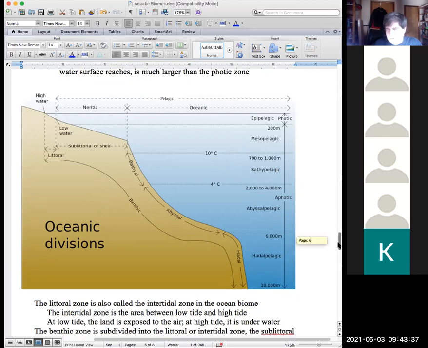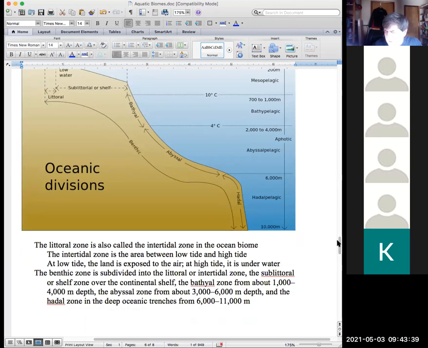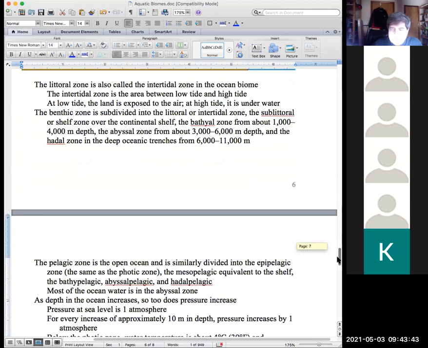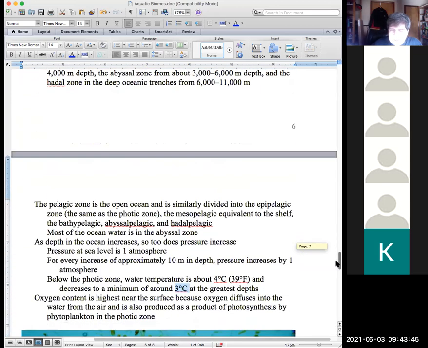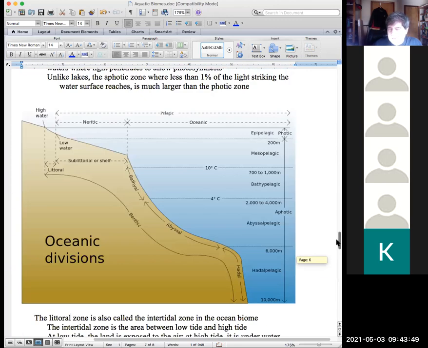It's not clear that they ever get down to the hadopelagic level. So we see kind of corresponding areas on the shore and also in the open water.